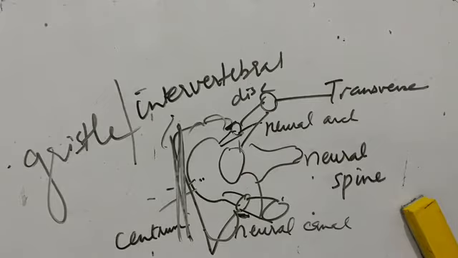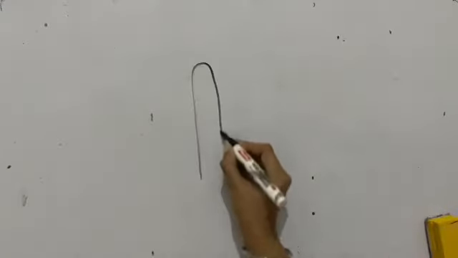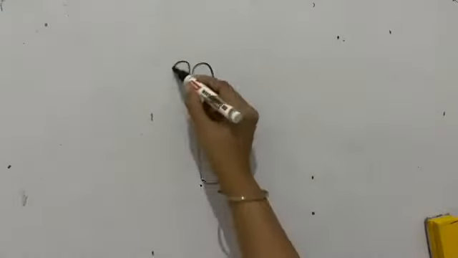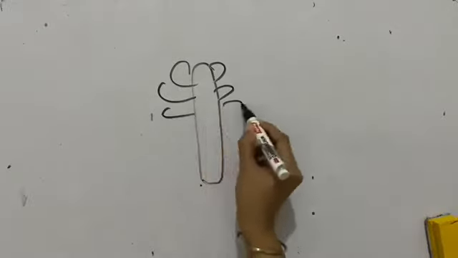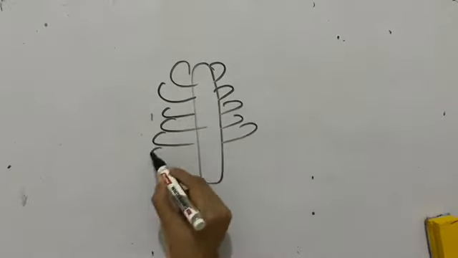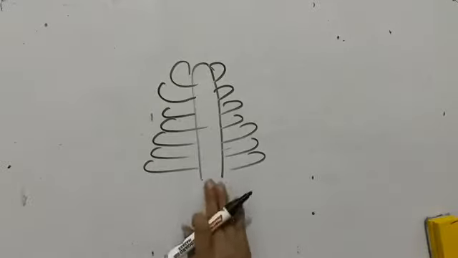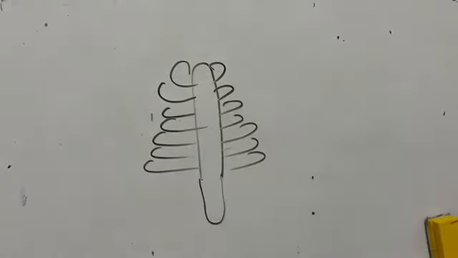And then there are ribs, there are total 12 pairs of ribs present. Ribs are attached with the sternum, 12 in number, 1, 2, 3, 4, 5, 6, 7. The first 7 ribs, they are attached with the sternum.